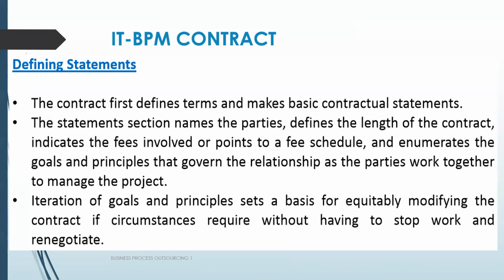So actually, both the service provider and the client should agree on what is being stipulated in the contract. It should not be one-sided only. Iteration of goals and principles sets a basis for equitably modifying the contract if circumstances require without having to stop work and renegotiate.